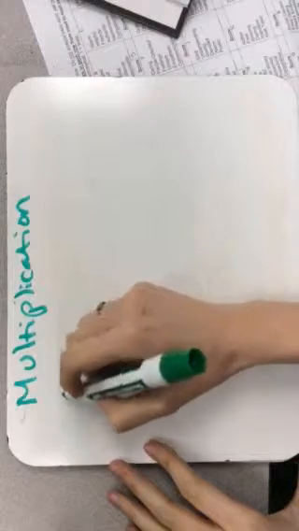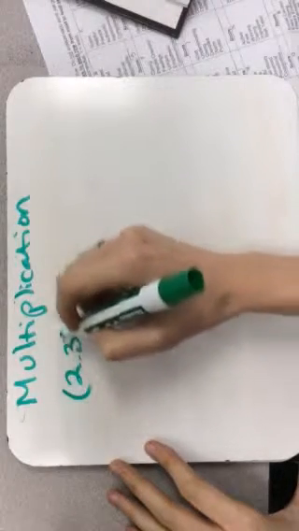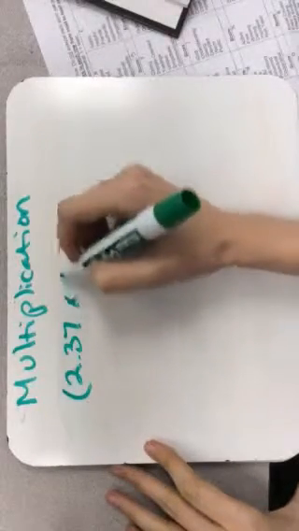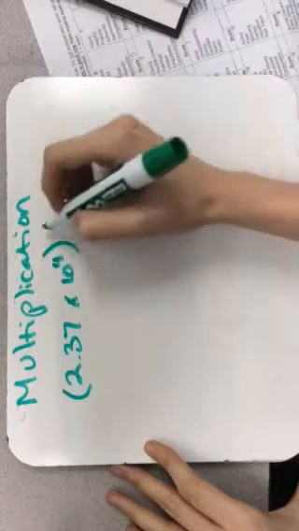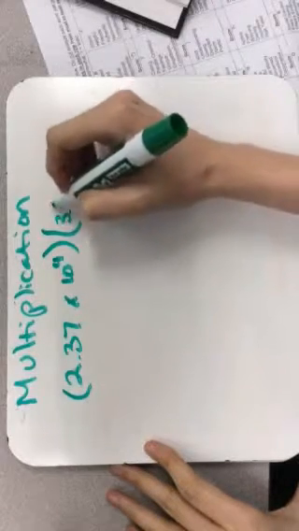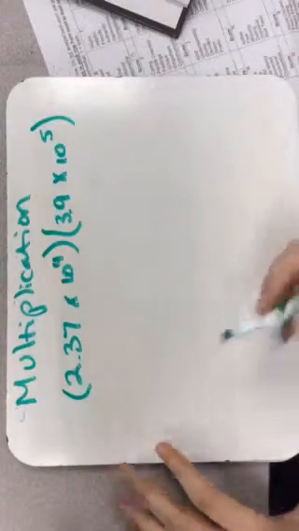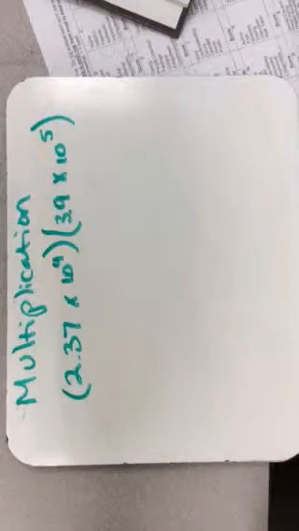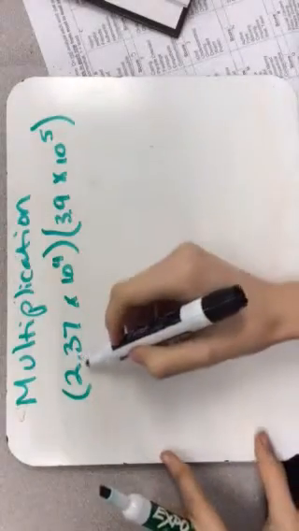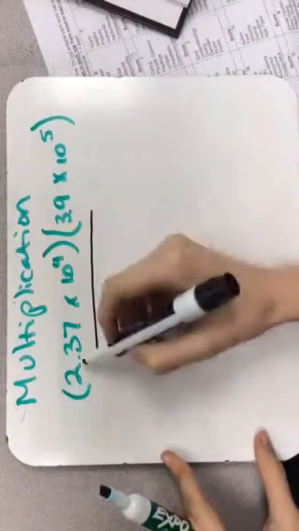2.37 times 10 to the fourth. Multiply that by 3.9 times 10 to the fifth. When we are multiplying numbers that are in scientific notation, you add, or I'm sorry, I misspoke.